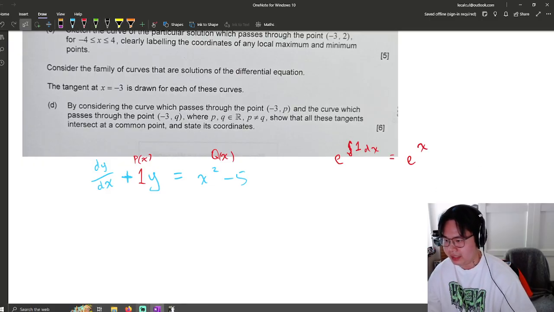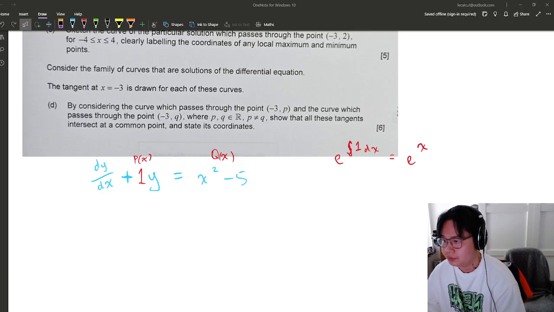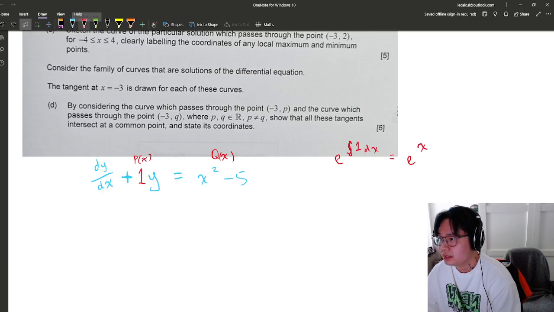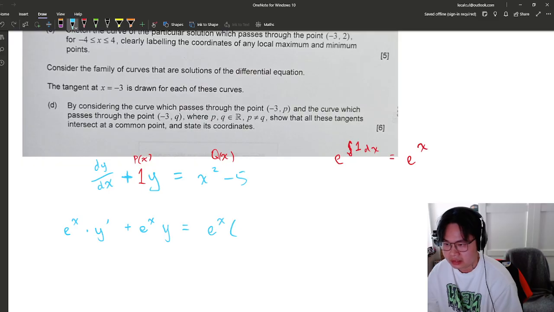So I multiply everything by my integrating factor. So this equation then becomes e to the x y prime plus e to the x y equals e to the x times x squared minus 5.